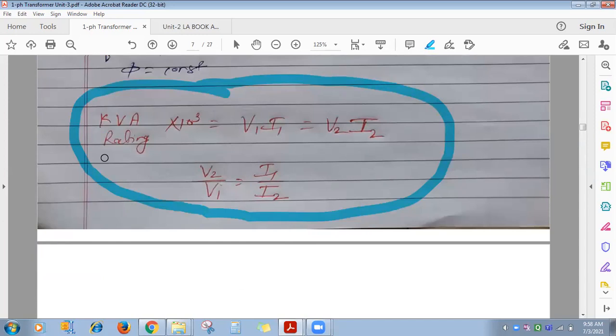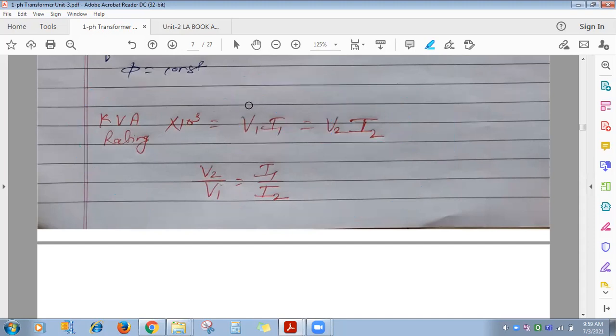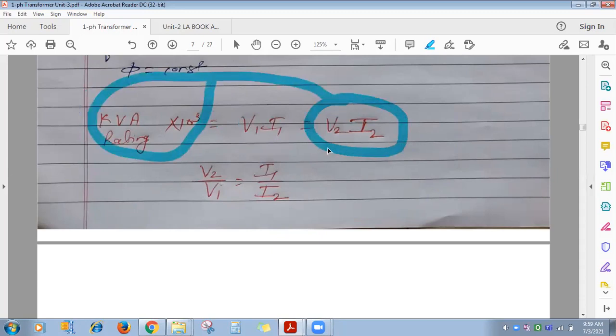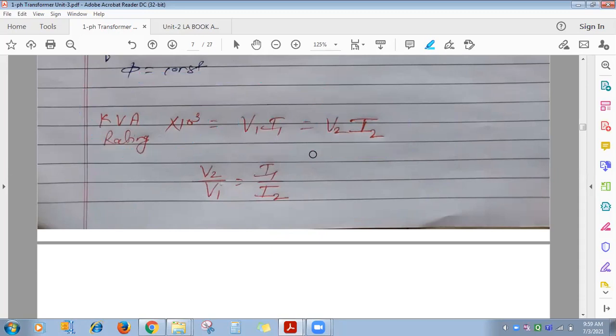So for the kVA rating of a transformer, the primary side voltage and current are V1 I1 and the secondary side voltage and current are V2 I2. So V1 into I1 is equal to the kVA rating, or V2 into I2 is equal to the kVA rating. If I simplify this, I get V2 by V1 is equal to I1 by I2.